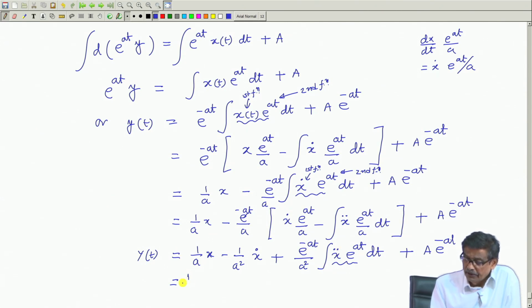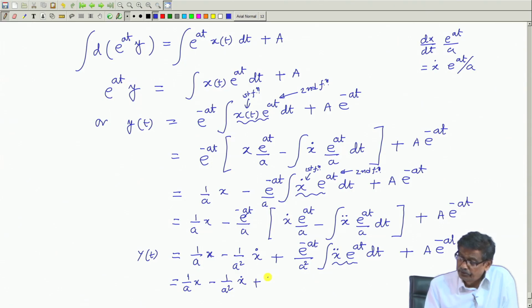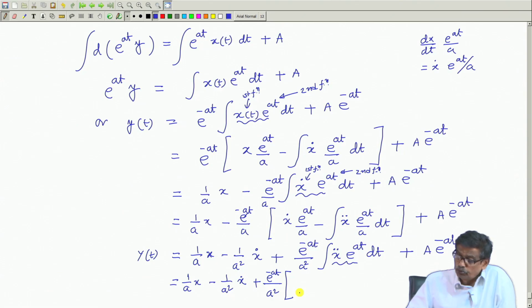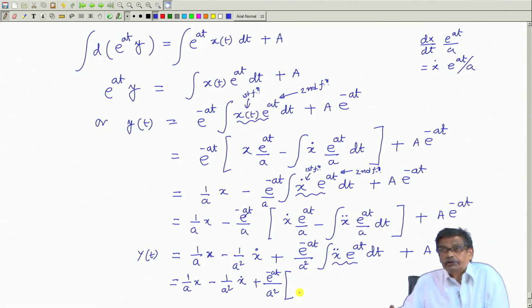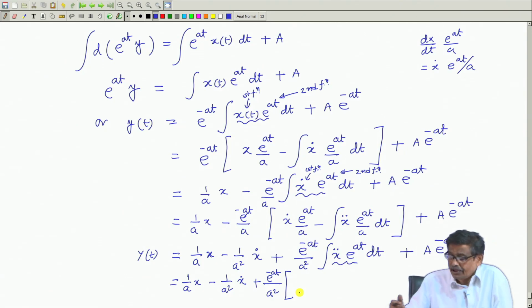So it will be 1 by a x minus 1 by a square x dot, then plus e to the power minus a t by a. Let me do one step, please bear with me. I am doing some mundane thing, but it is very useful when I finally draw the conclusion. You see how nice it is.